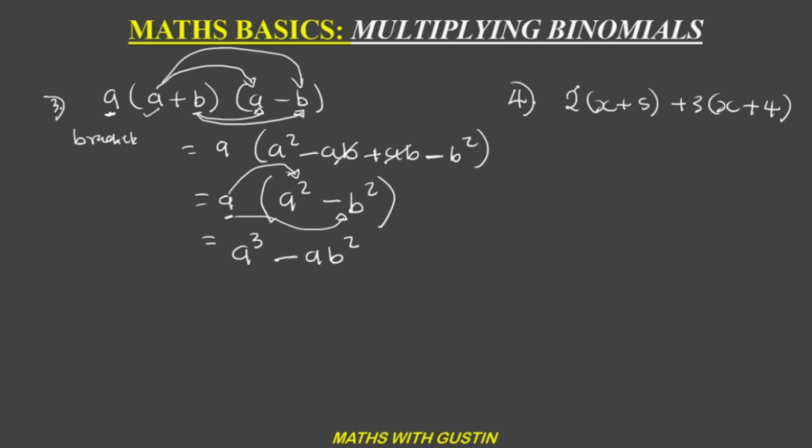You're going to utilize the 2. 2 times x is going to give us 2x, and 2 times 5 is going to give us 10. Then you do the same thing with the 3. 3 times x gives us plus 3x. Then 3 times 4 is 12.